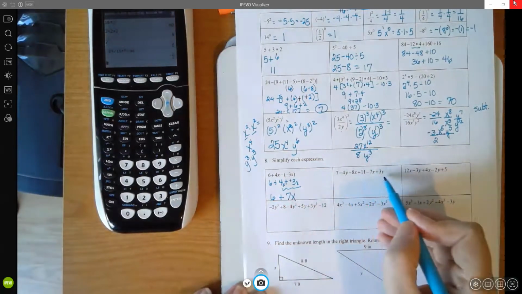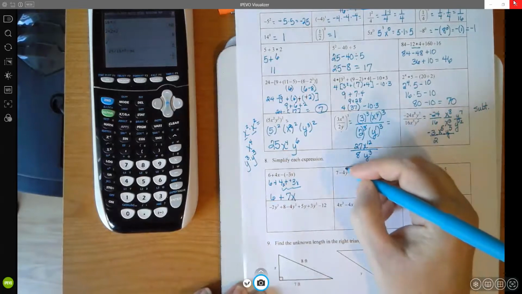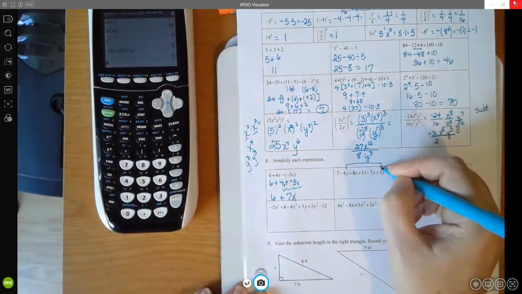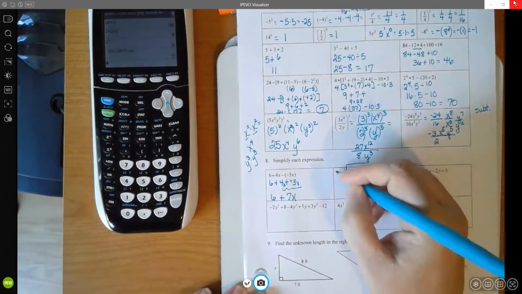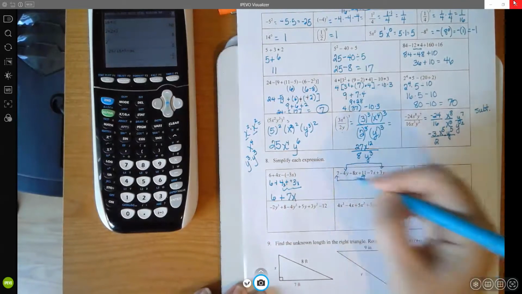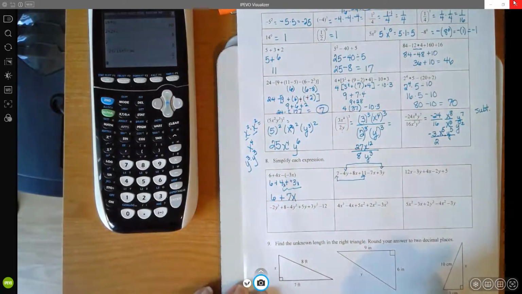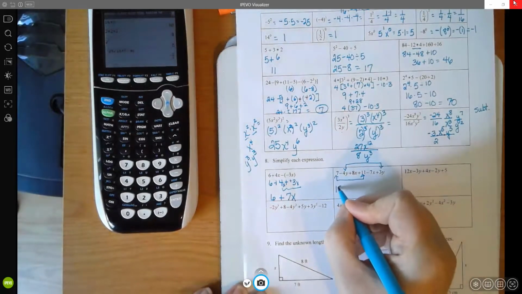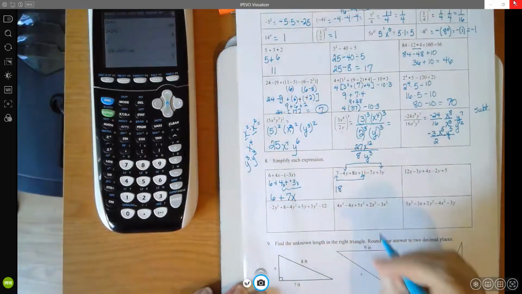When I look up here, I have like terms of negative 4y and 3y. Whoops, and a 7 and 11. Let's do the 7 and the 11 first. They're both positive, so 7 plus 11 is 18.